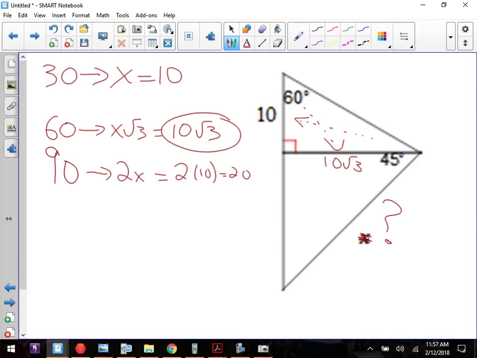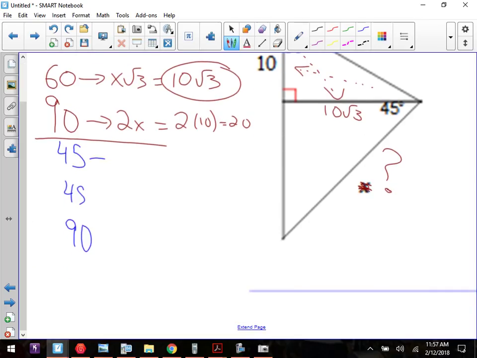So in the next part here, that 10 root 3 is now in the second triangle. What side is it across from? A 45 or a 90? Yep. So you just rewrite 45, 45, and a 90.